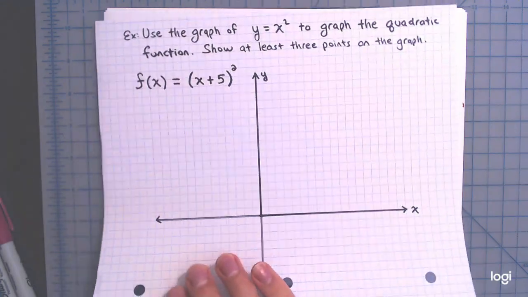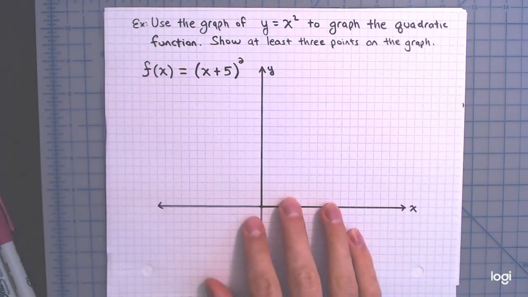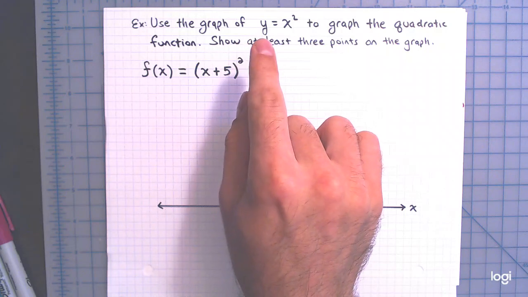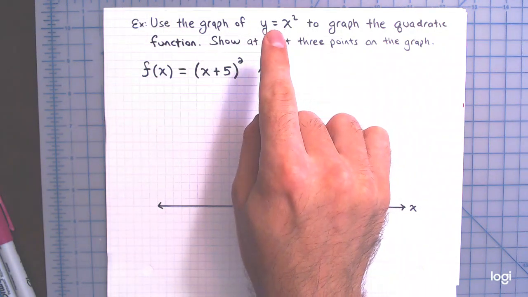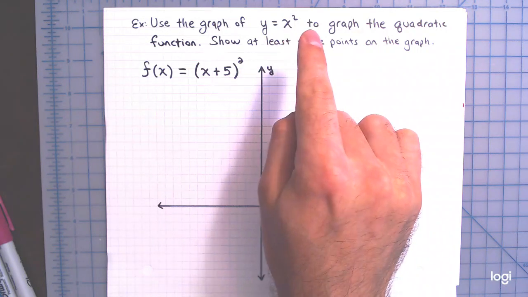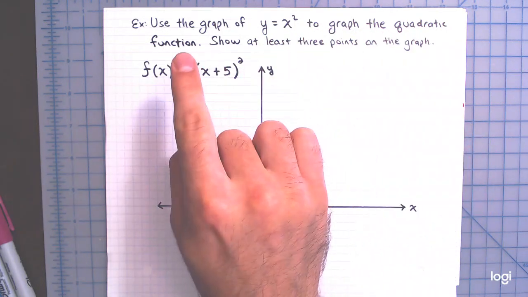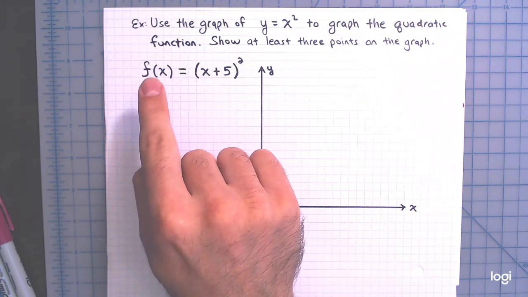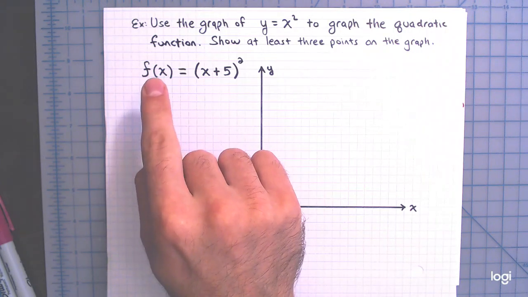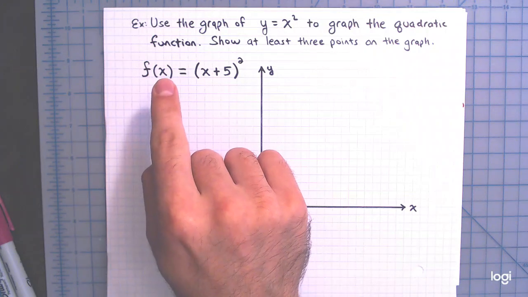I got my first example, and in both the examples I have the following instruction: use the graph of y equals x squared. Right, so we're going to start with that graph and graph the quadratic function f of x, again, or y, if you like having y, remember f of x is just the output, the y coordinate.